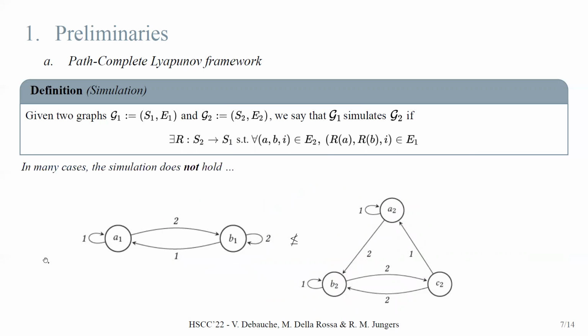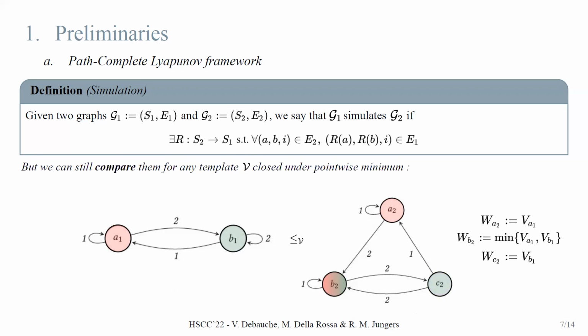Unfortunately, in most cases, no simulation relation exists between two path-complete graphs, but it is still possible to compare graphs. So in this example, we can prove that there is no simulation relation because the node C2 cannot be associated to any node, but we can still compare them, because it is possible to prove that if VA1 and VB1 are admissible for the first graph G1, then the functions W defined like this are actually admissible for the graph G2, regardless of the switch system.